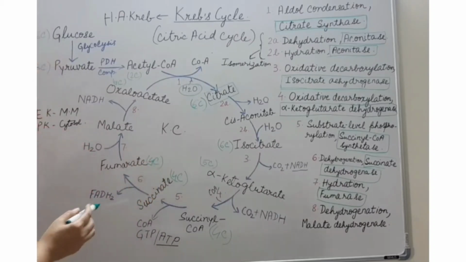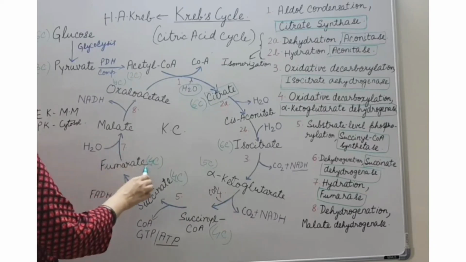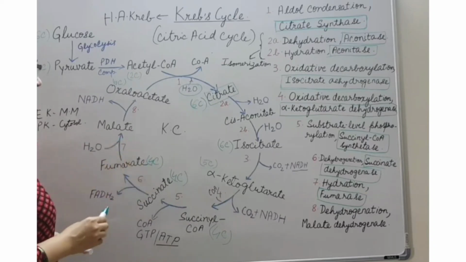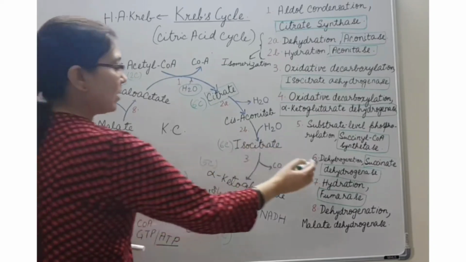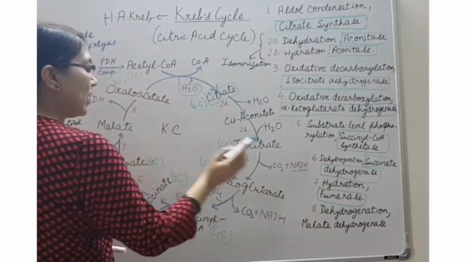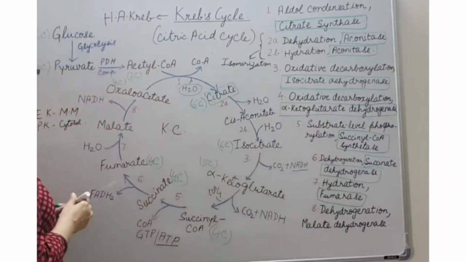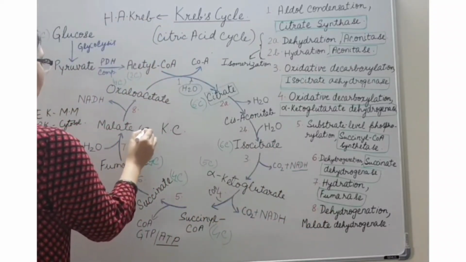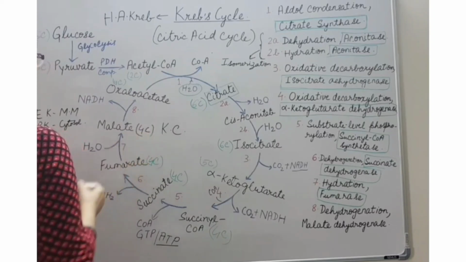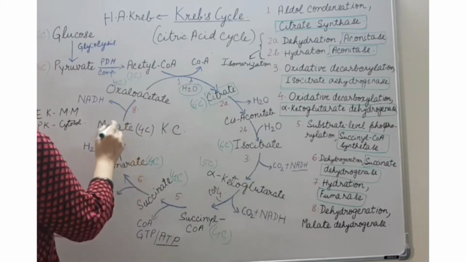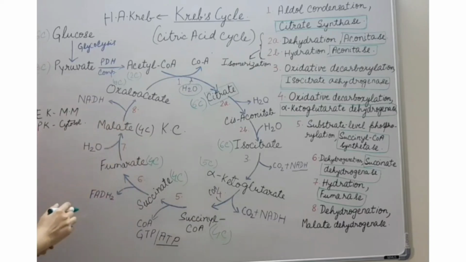Now in the next step, to the fumarate, one water molecule is added and the reaction is hydration. This is catalyzed by fumarase and it gives malate. Again, from the malate, a dehydrogenation reaction takes place.